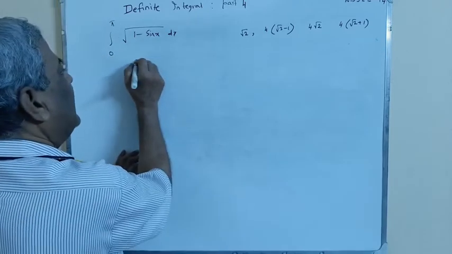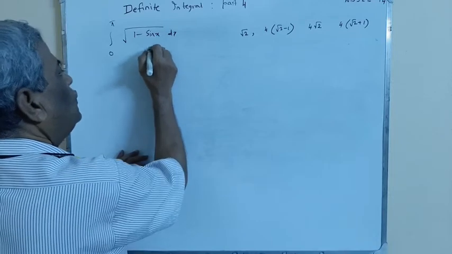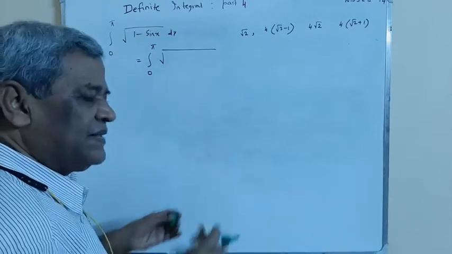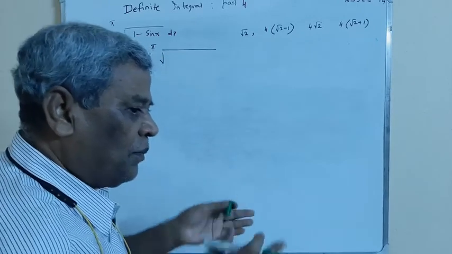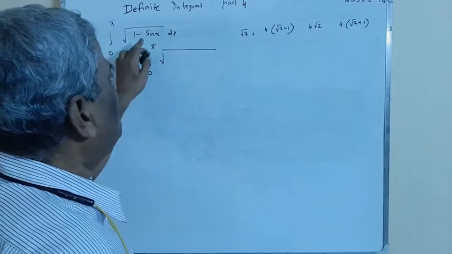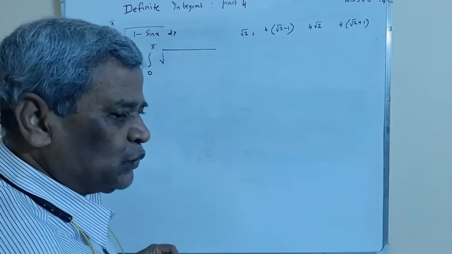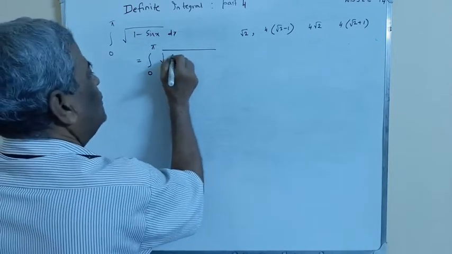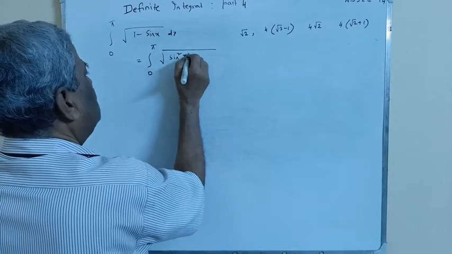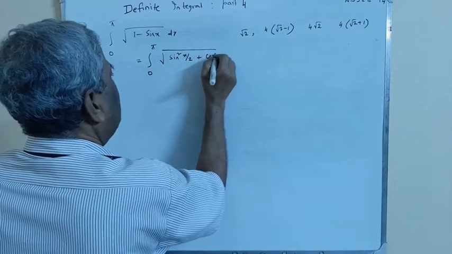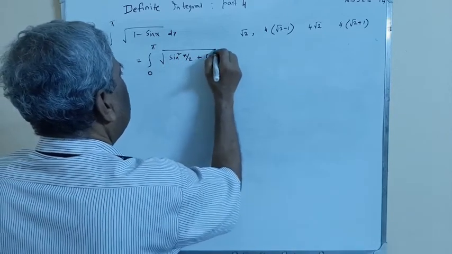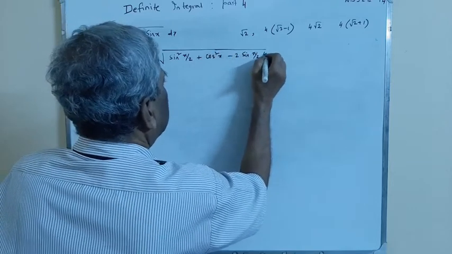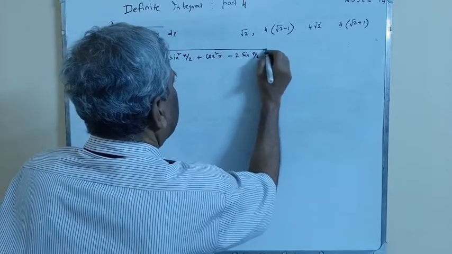This one can be written as the integral from 0 to pi of square root of, 1 written as sin square x by 2 plus cos square x by 2, minus 2 sin x by 2 cos x by 2, dx.